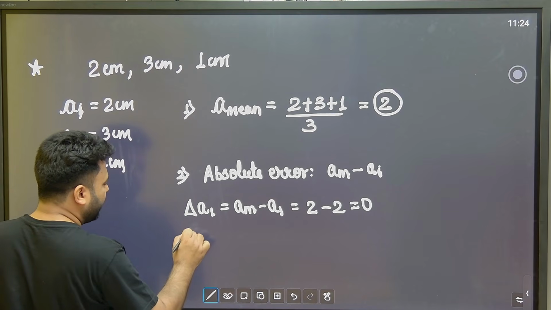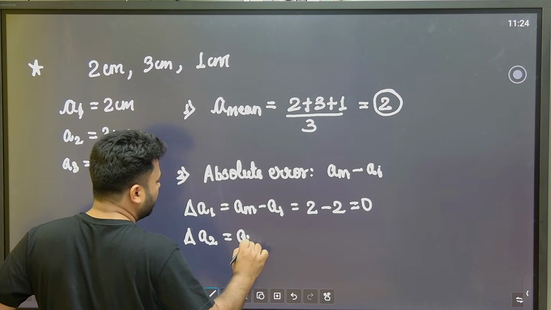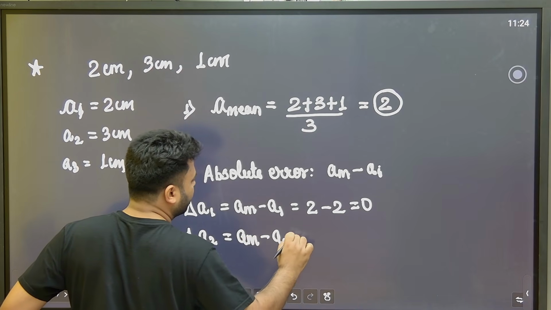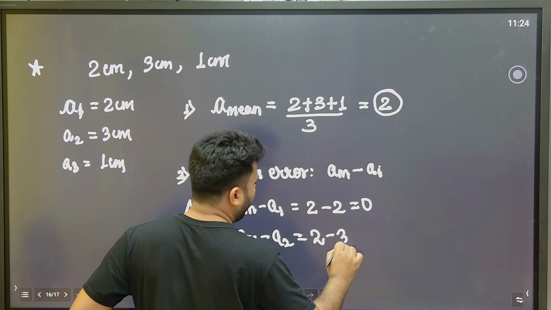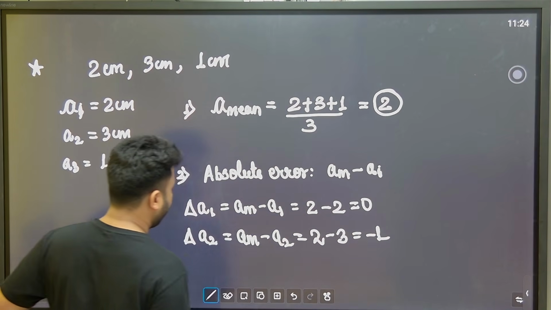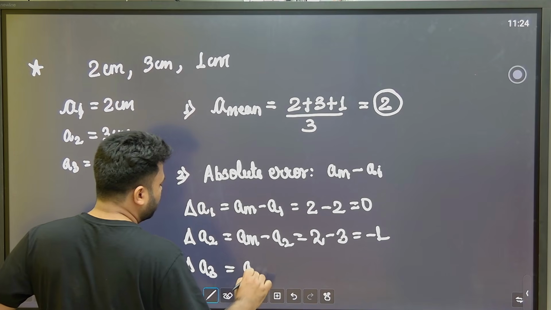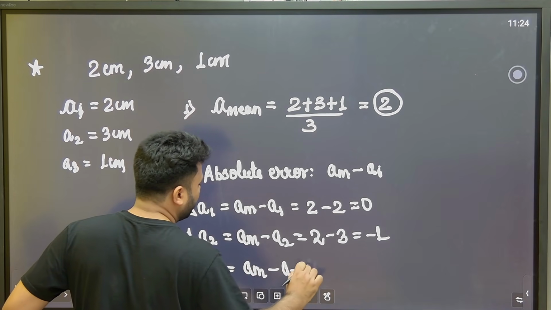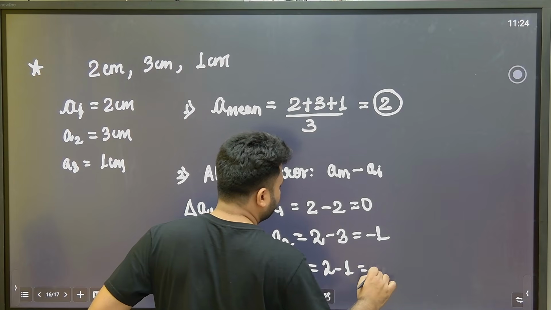If they ask what is the absolute error in your second observation, again mean value minus my second observation, that is 2 minus 3, we are getting minus 1. What is the absolute error in your third observation? Mean value minus my third observation, that is 2 minus 1, that is 1.